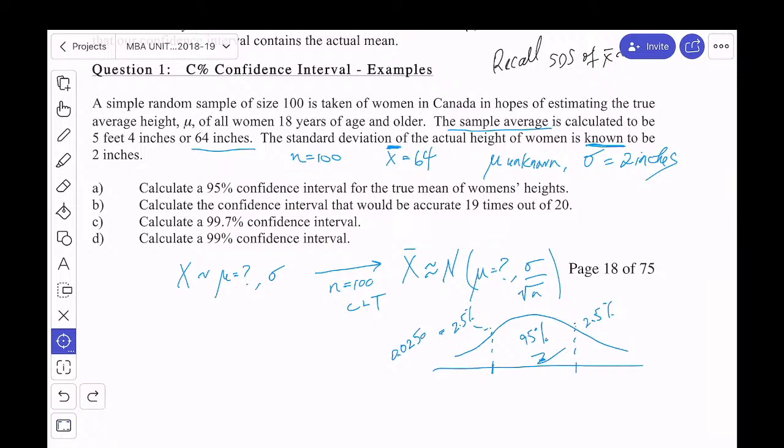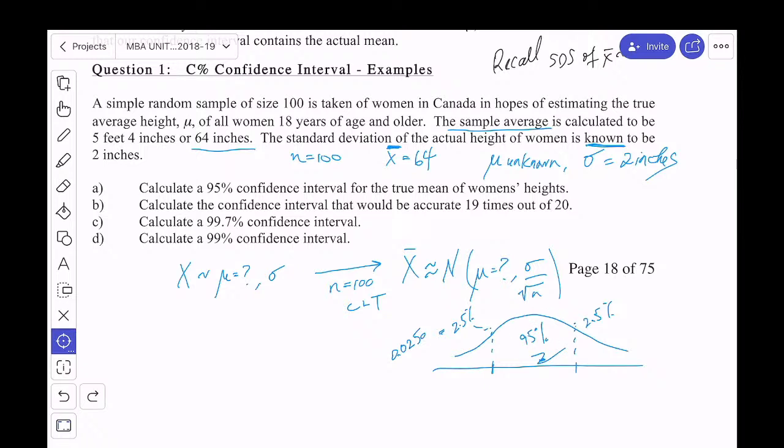Or we can go to the T table at the very bottom where it turns into the Z distribution and read the value off. But let me show you both just in case, because I don't want you to forget how to find the critical value.